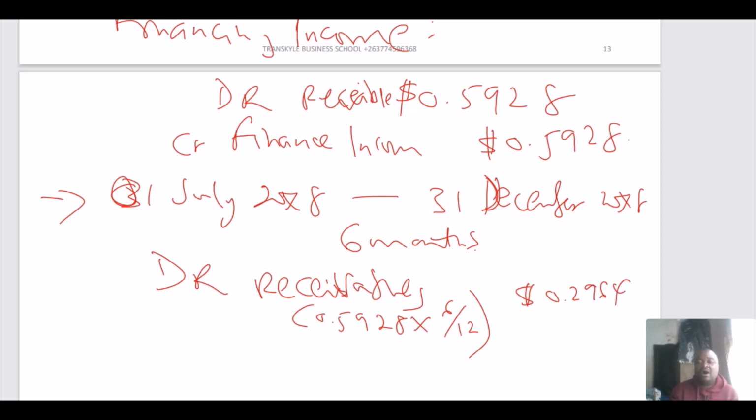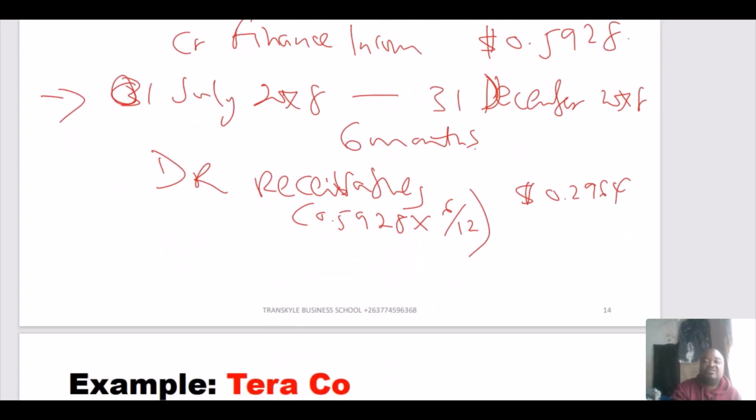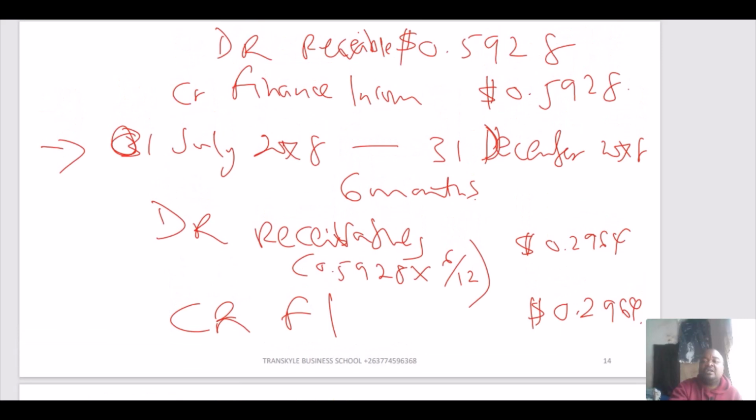That's the appropriate amount of receivables that should have been recognized for this finance income, and then the finance income itself is going to be credited with 0.2964. This is for the year ended 31 December 20x8.